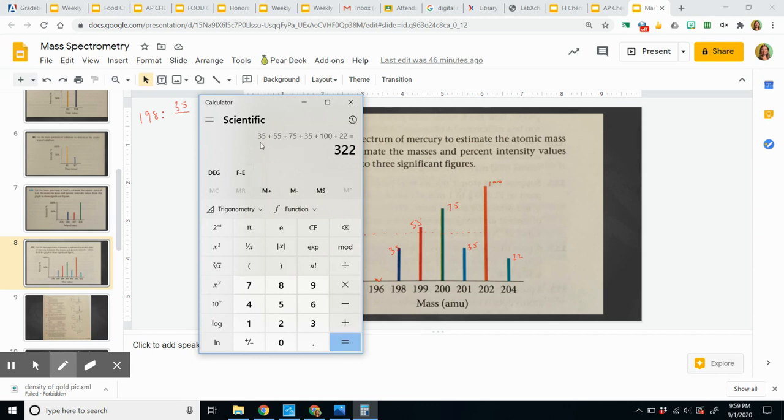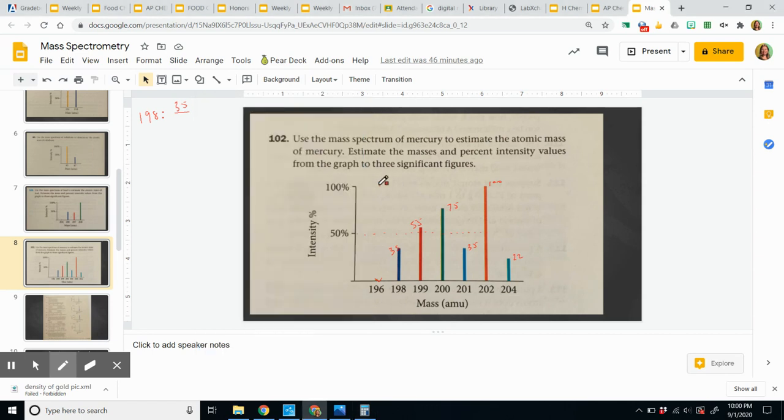Okay, and let me go back and check these numbers because this calculator, for some reason, doesn't want to click on the actual numbers. 35 correct, 55, 75, 35, 122. Okay, 322. So the total is 322.